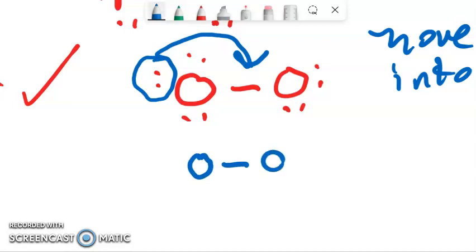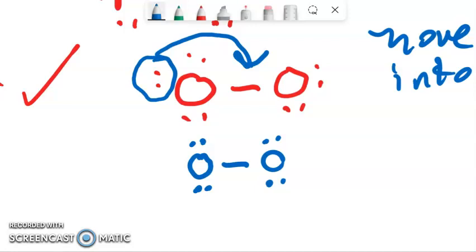Oxygen, oxygen, double bond. And I'm going to shift these just for symmetry's sake, just to make it look pretty. Put those on opposite sides like that. And I've got those two over here. And now this adds up to 10 valence electrons, 2, 4, 6, 8, 10, but nobody has an octet.